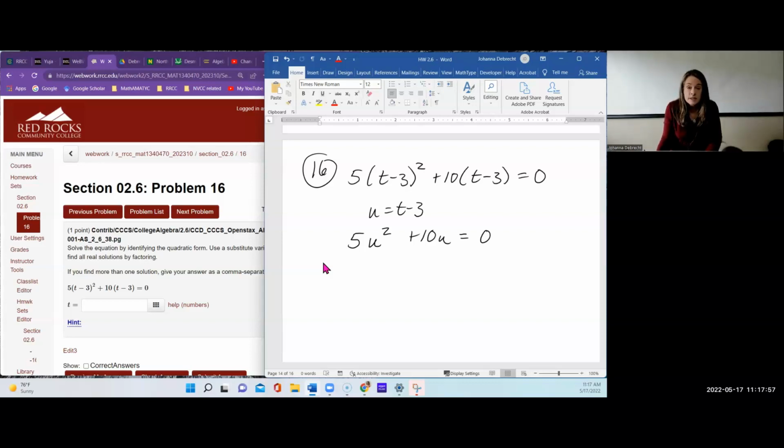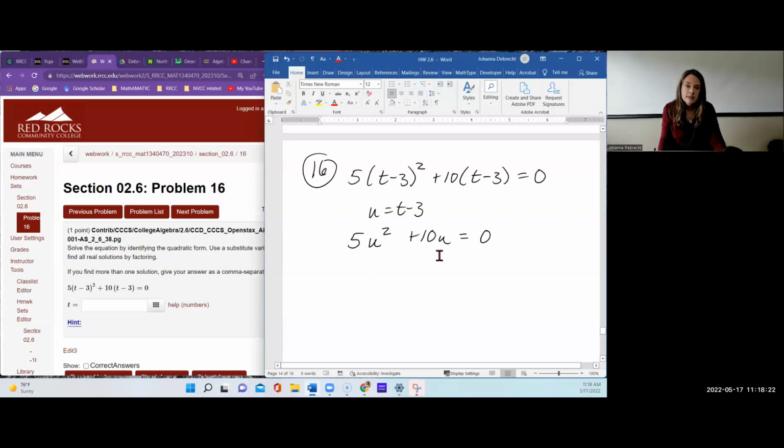Well, I can solve this for u and then back substitute for what u is. How did I know to pick t minus 3? Well, t minus 3, if it were the variable x, would have given me a quadratic equation. And since the t minus 3 is identical in the two pieces, that's what told me to use it for u.